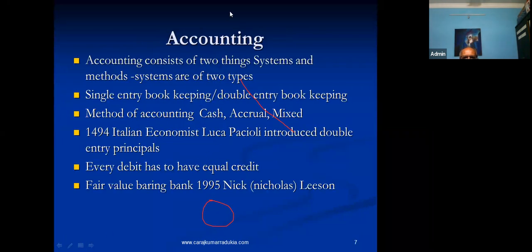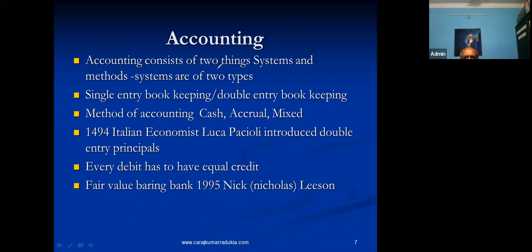Now, in accounting, accounting consists of two things: systems and methods.